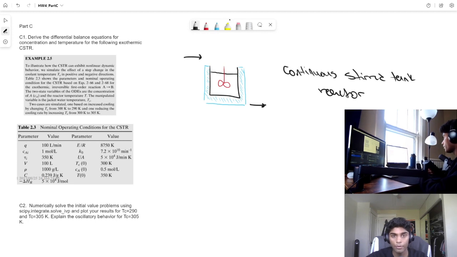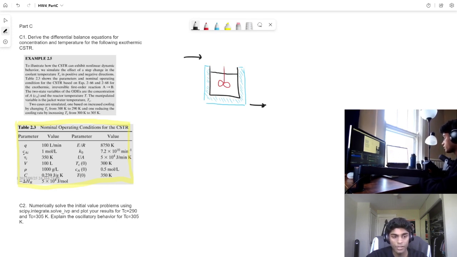So what we have here are some values for a nominal, or rather these are the nominal operating conditions for a continuous stirred tank reactor. When we take a look at this, we have a flow going in, which is 100 liters per minute.